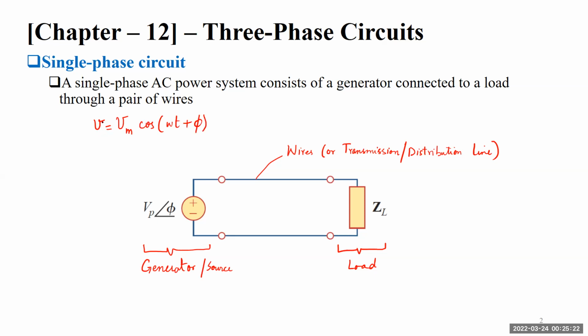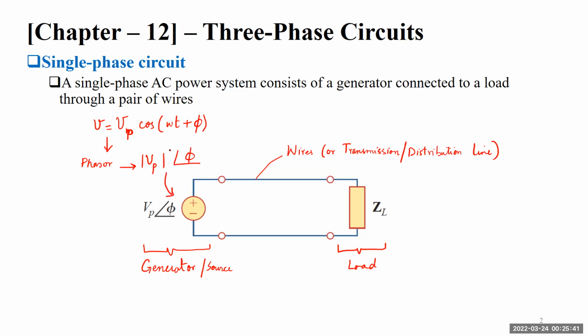This is our voltage in the time domain. And what will be the phasor of this? Or I call it Vp. The phasor for the above voltage will be Vp magnitude, angle of phi.